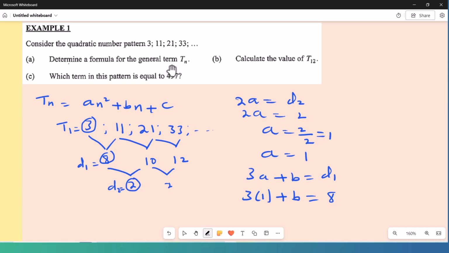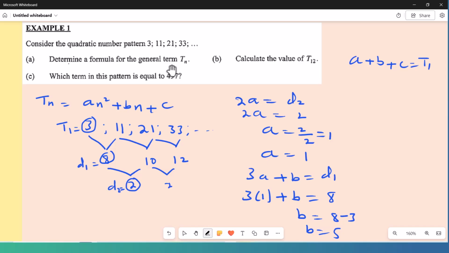So what is 8 minus 3? So 8 minus 3 gives us b as 5. After getting 5, we're going to find our c by using a plus b plus c equals T1.